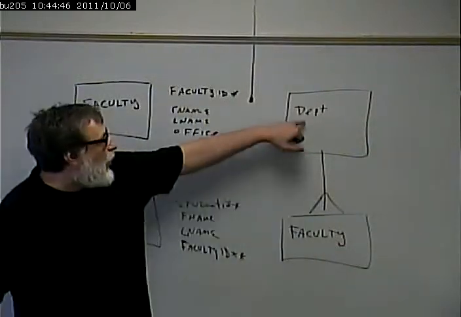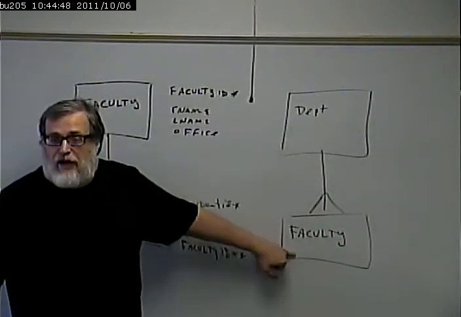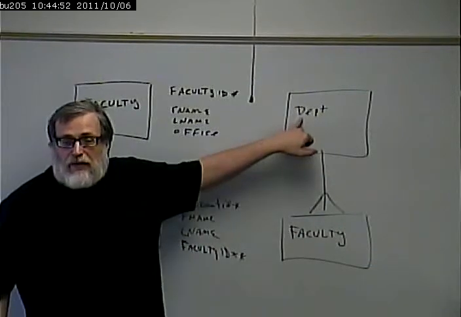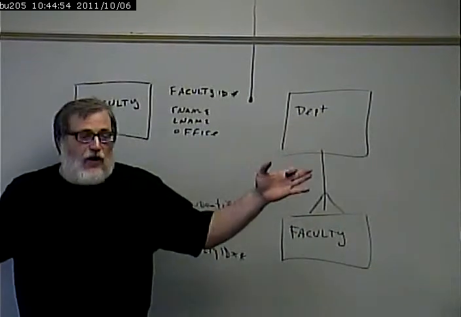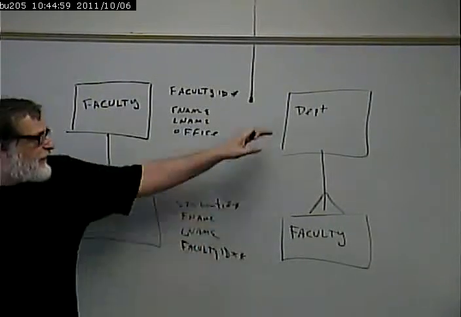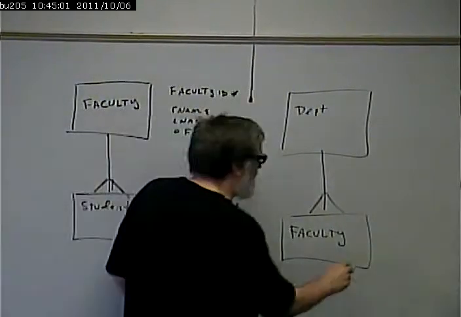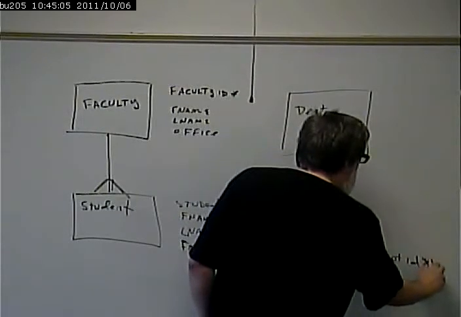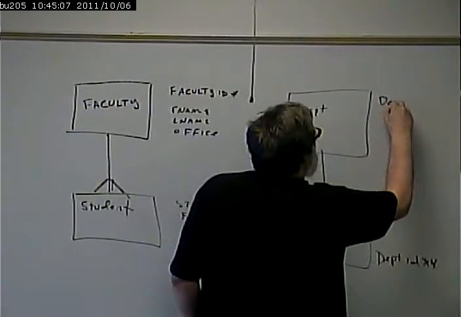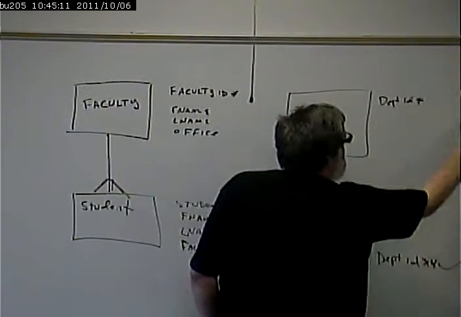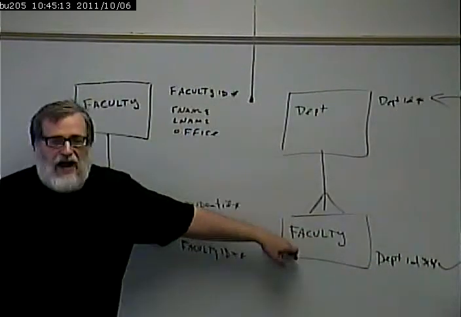One department can have many faculty members, but a faculty member only works for one department. Right there, I know how to implement it, right? Even without thinking about it, if I see that diagram, I know that there's going to be a department ID in the faculty table, or whatever the primary key is to the department table. There's going to be a foreign key that points to that, because the many side points to the one.